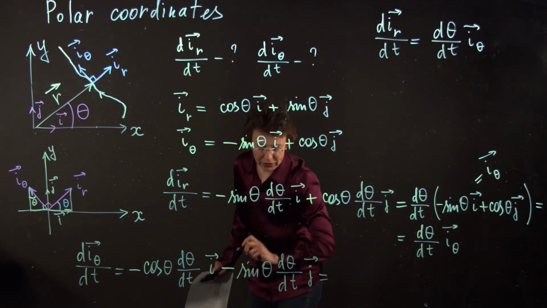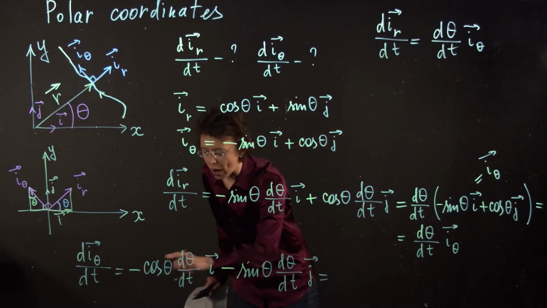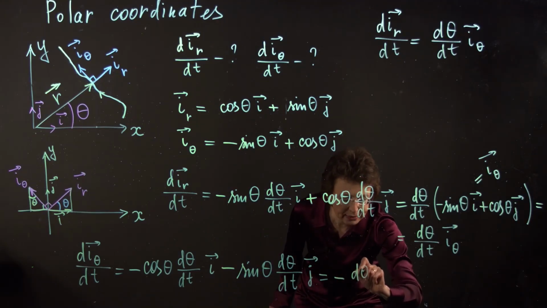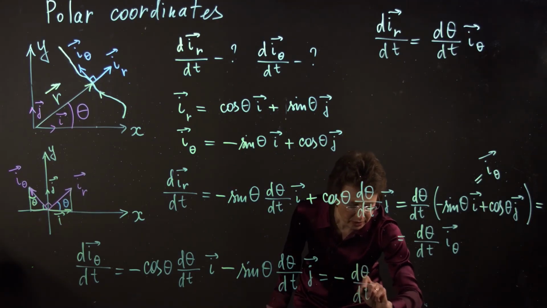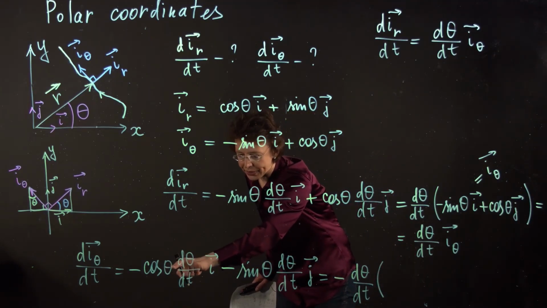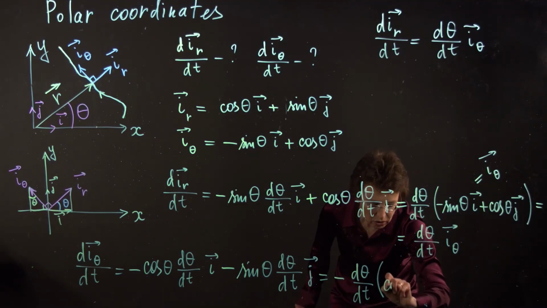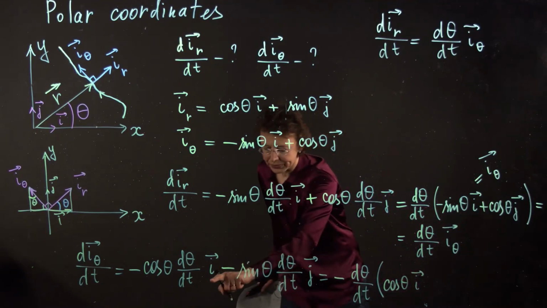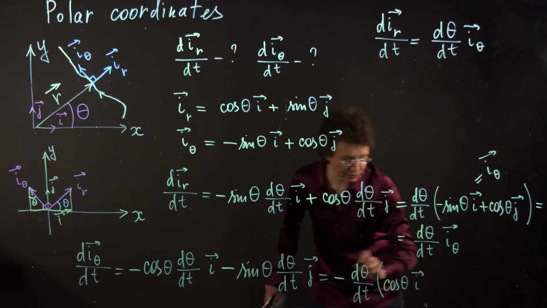Let's factor out d theta/dt. Actually, I will factor out minus d theta/dt. What I will have in parentheses is cosine theta i plus sine theta j.